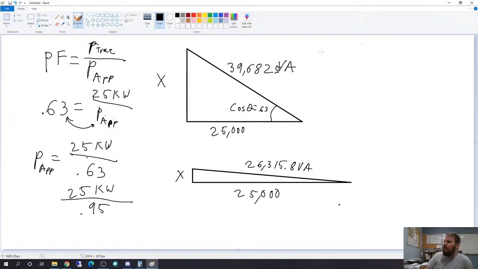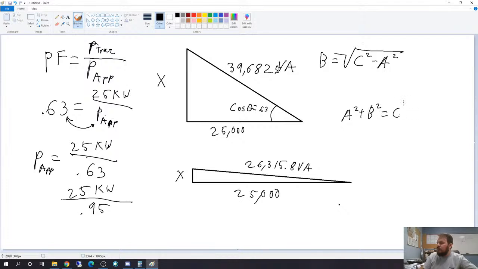It's actually going to be b is equal to the square root of c squared minus a squared, which is taking a squared plus b squared equals c squared, subtracting a squared from both sides, and then taking the square root of both sides. The square root cancels that, and we're done. That's how we got that formula.